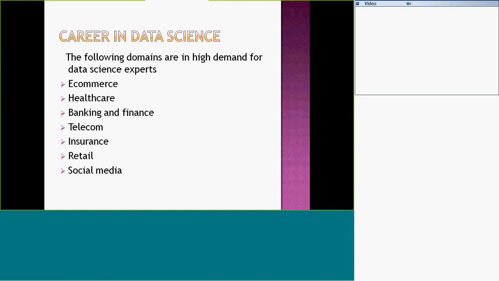These companies suggest these plans according to the analysis that they have done and their results. Analytics is also part of the insurance industry, retail to a larger extent, and social media as well. So these are the different domains where analytics is used nowadays, and there are many companies in these domains that you can go for after this course.